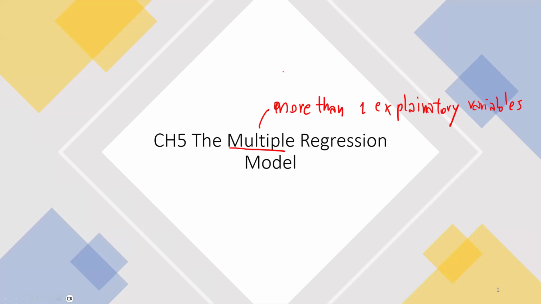Okay, so from simple we have one x, right? So multiple, we have more than one explanatory variable. In brief, x.